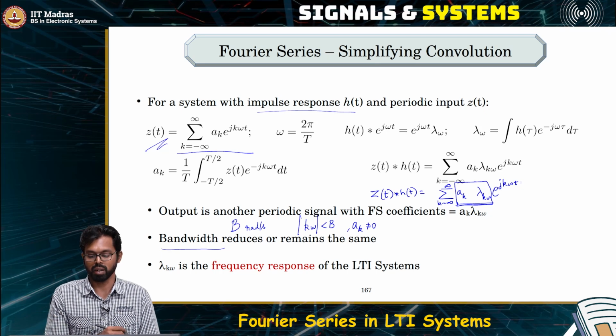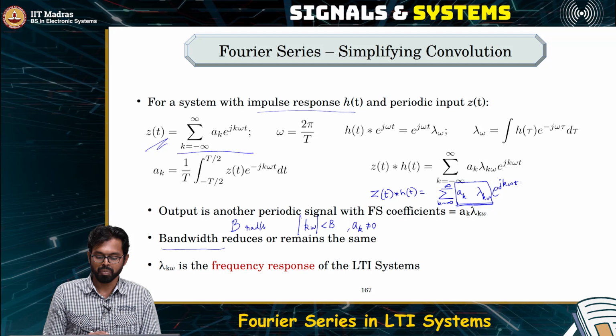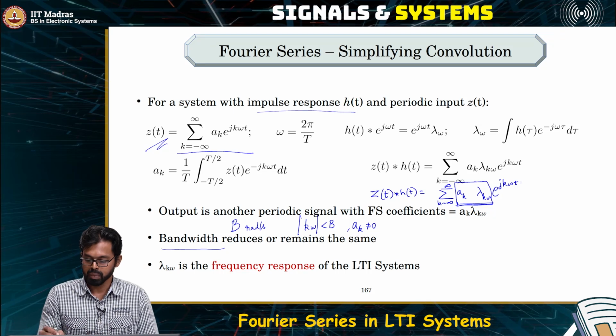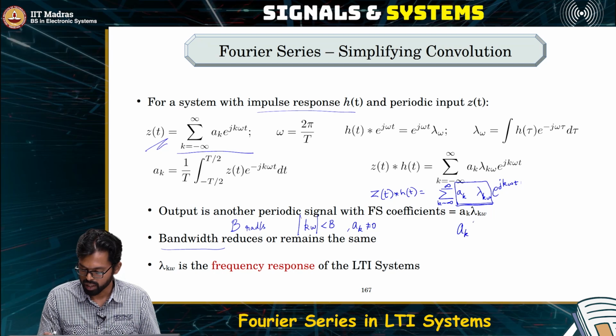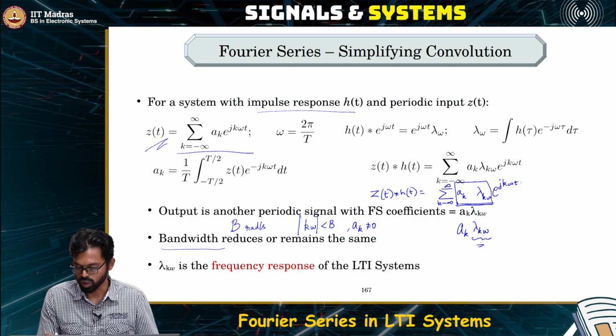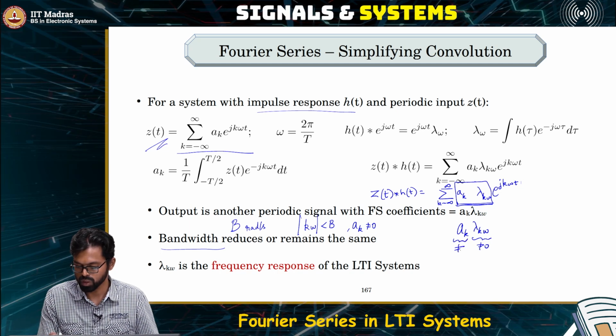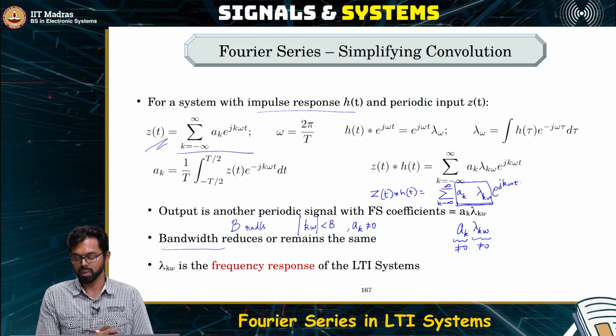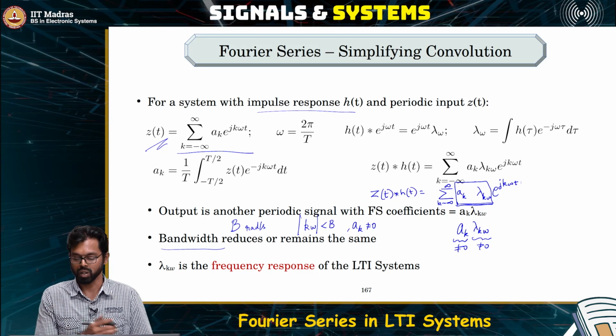That is the definition of bandwidth, it follows from bandwidth. So, if a particular A_k is non-zero, then this product A_k lambda_k can also be non-zero as long as this is not zero. Both of these should be non-zero, only then the multiplication of these two coefficients will also be non-zero.